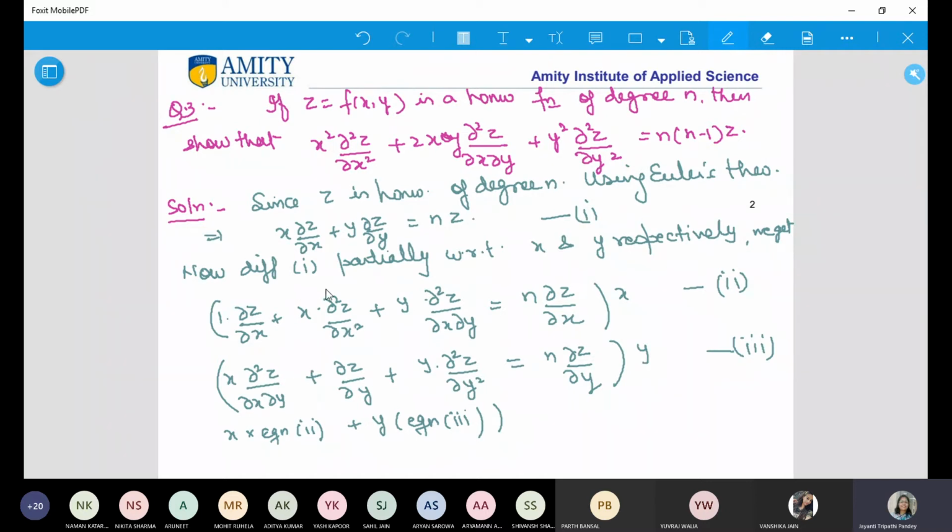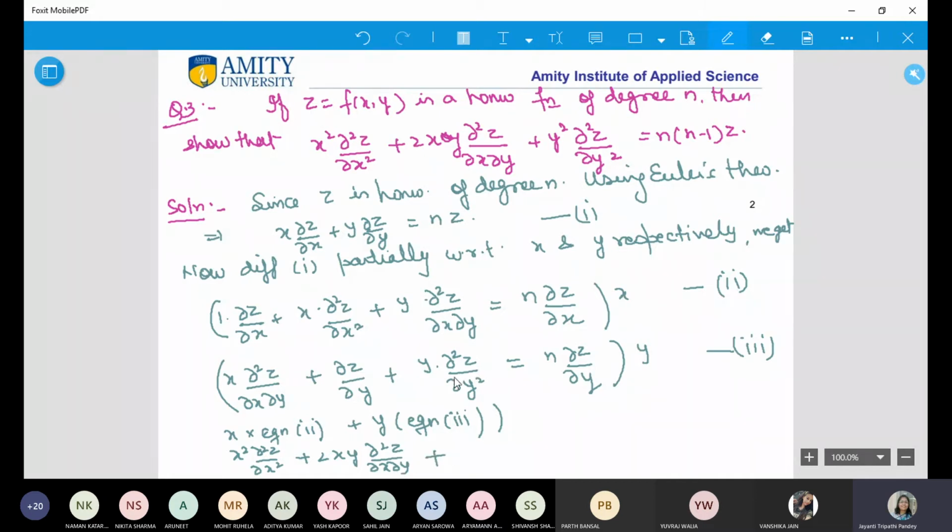Here I'll get x² ∂²z/∂x². And here I will get xy ∂²z/∂x∂y, and here also xy ∂²z/∂x∂y, so that will be 2xy ∂²z/∂x∂y.